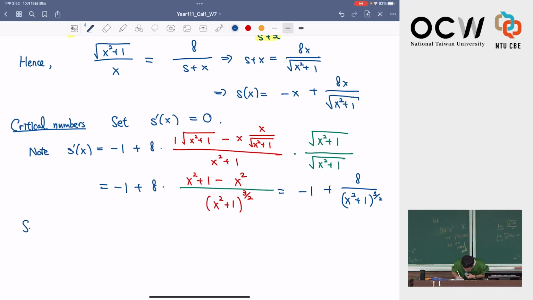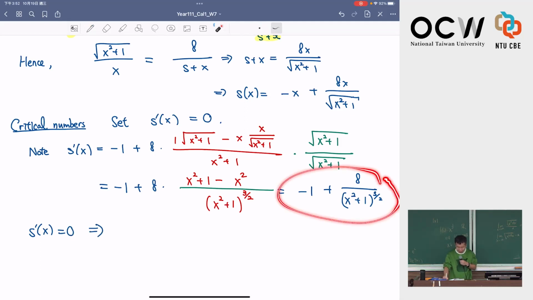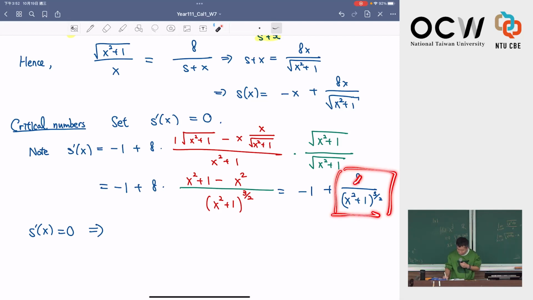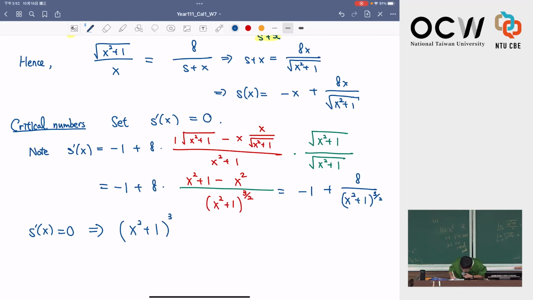So, if s prime of x equals 0, that means that this derivative equals 0, but this derivative is minus 1 plus something. For it to equal 0, that means that this fraction should be 1. For this fraction to be 1, I need the numerator and denominator to be the same. So, I will need x squared plus 1 to the 3 over 2 equals 8.